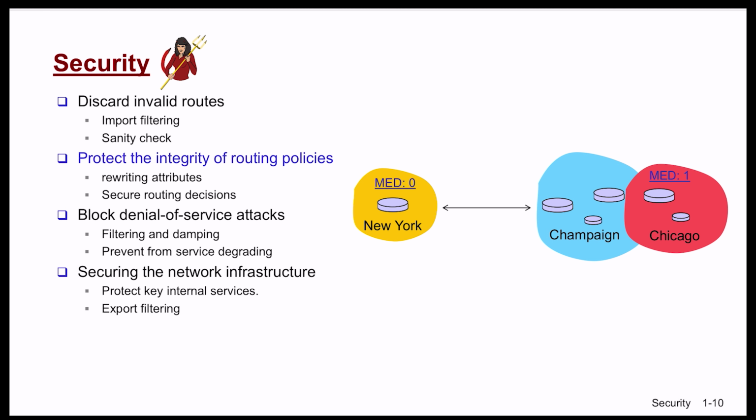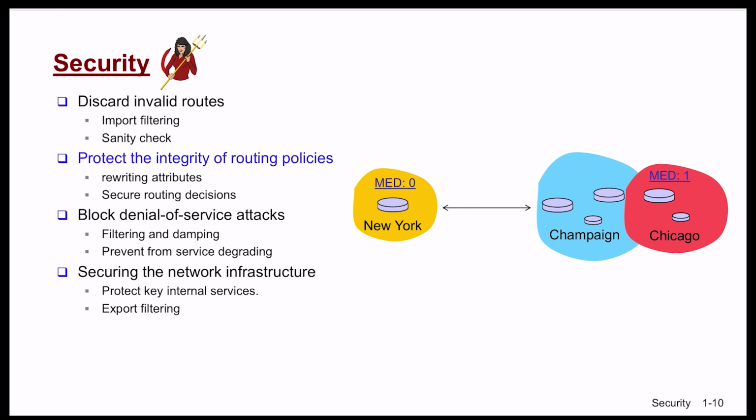For example, suppose the ISP in Champaign pairs with a neighbor in both New York and Chicago. By advertising a prefix with the MED of 0 in New York and MED of 1 in Chicago, the pair could trick the ISP into having all of its routers direct traffic for this destination through the New York peering point, even if Chicago is much closer.